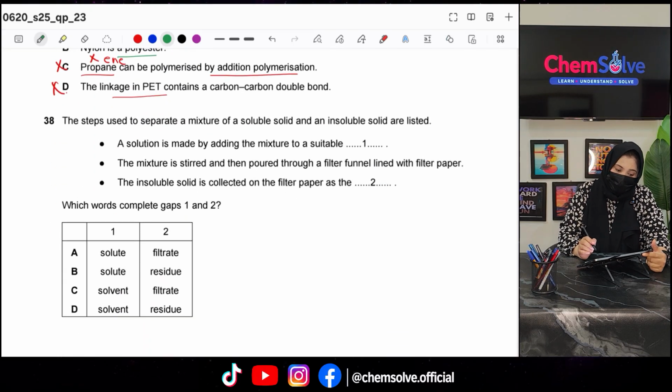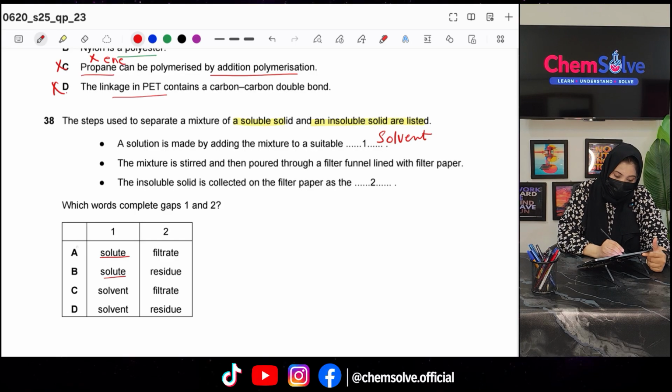Question number 38. The step used to separate the mixture of a soluble solid and an insoluble solid. That is basically filtration. So for filtration, what happens? A solution is made by adding the mixture into a suitable solvent.